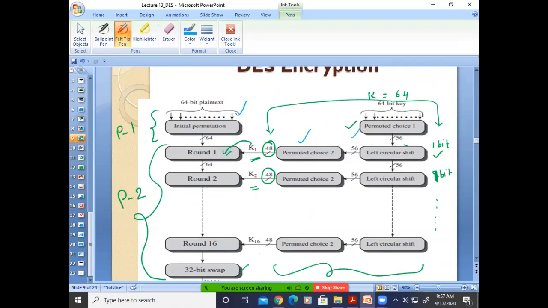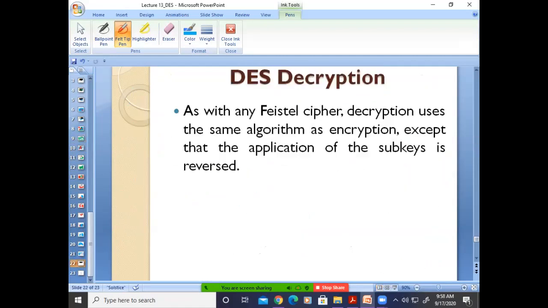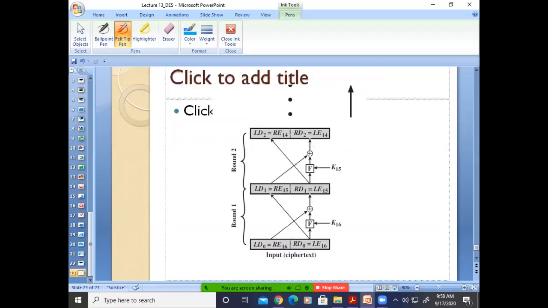Okay. So what is decryption? Once I finish this, it will be over. Decryption is nothing but just the inverse operation. But the first round key will be K16. See, LD0 is equal to RE16, meaning the decryption left side will come from RE16, and the encryption right side 16 will come to LD0.